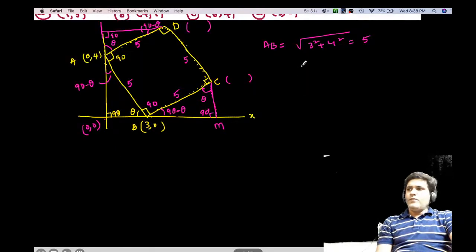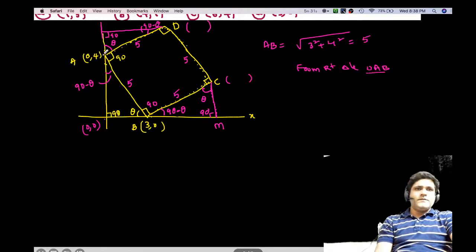From right triangle OAB, we can write sin theta and cos theta values. Sin theta is equal to 4 by 5, and cos theta is equal to 3 by 5.